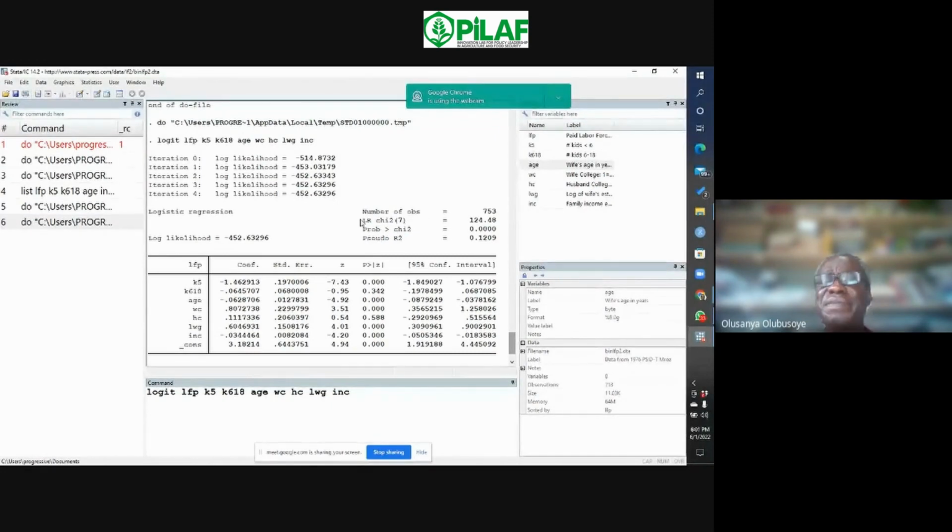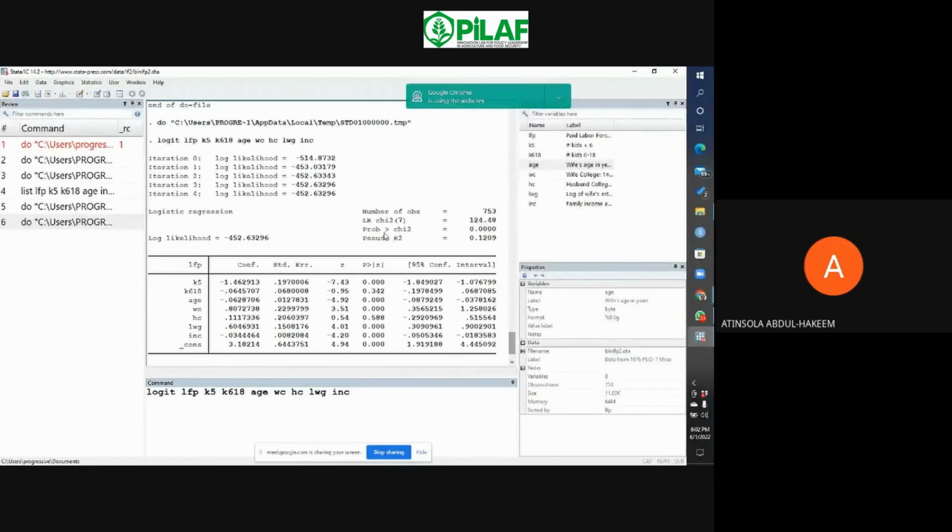You have other information about the number of observations. This is the log likelihood ratio, which is the test statistic, chi-square with 7 degrees of freedom. We have 1, 2, 3, 4, 5, 6, 7 variables. So this is the computed LR, the likelihood ratio statistic.